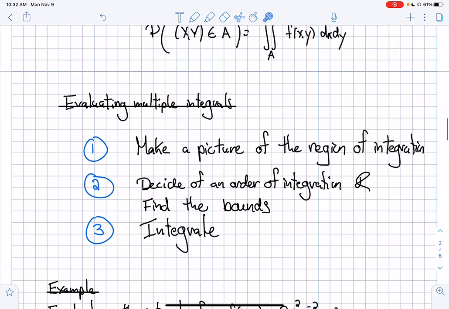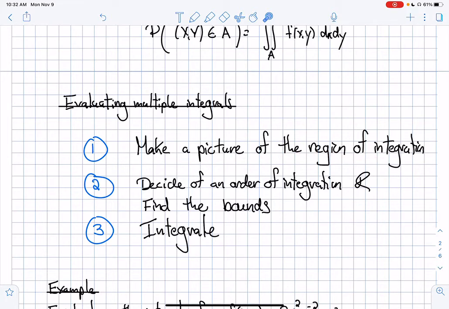All right. So chapter 14 is not that hard, but we can make several mistakes if we're not systematic. Here's how to avoid mistakes when you evaluate integrals. First of all, and that's the most important step, make a picture of the region of integration. I'll do an example.